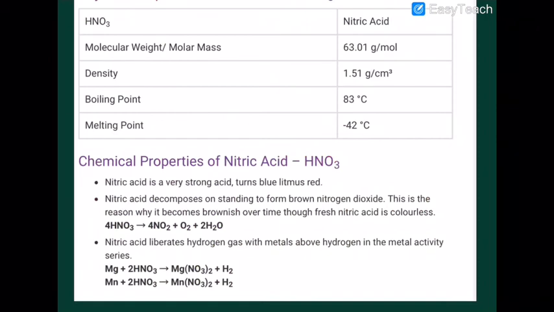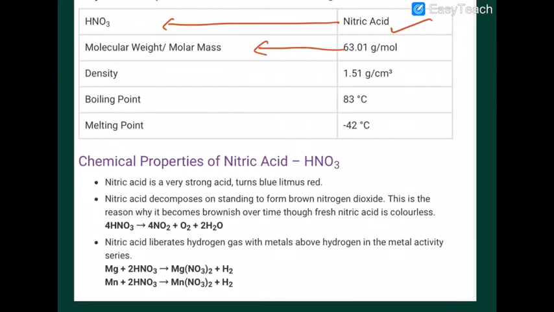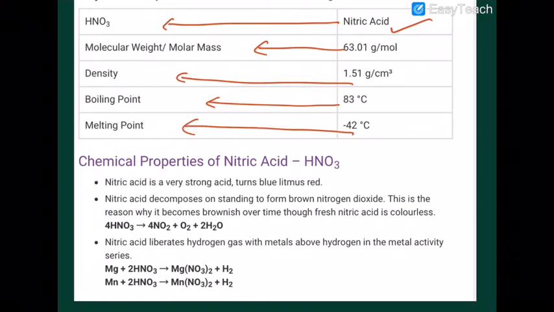So if you go by the formula of nitric acid, the molar mass is 63, density is 1.51 gram per centimeter cube, boiling point is 83 and melting point is -42 degrees Celsius. Okay, so nitric acid is a very strong acid and turns blue litmus red.